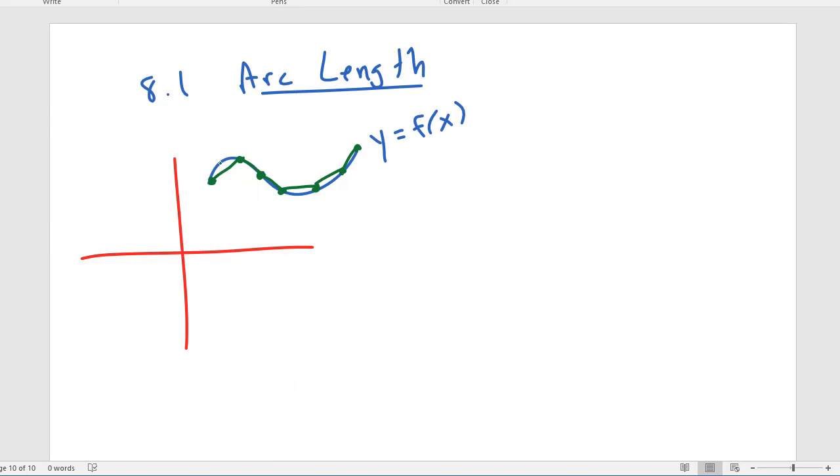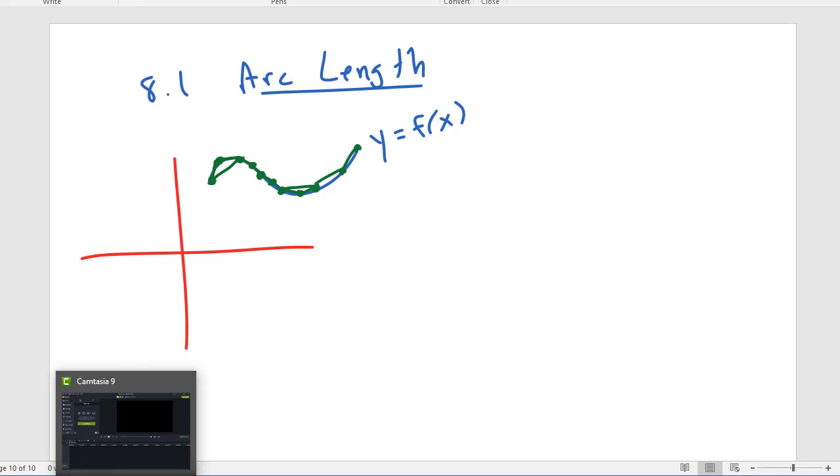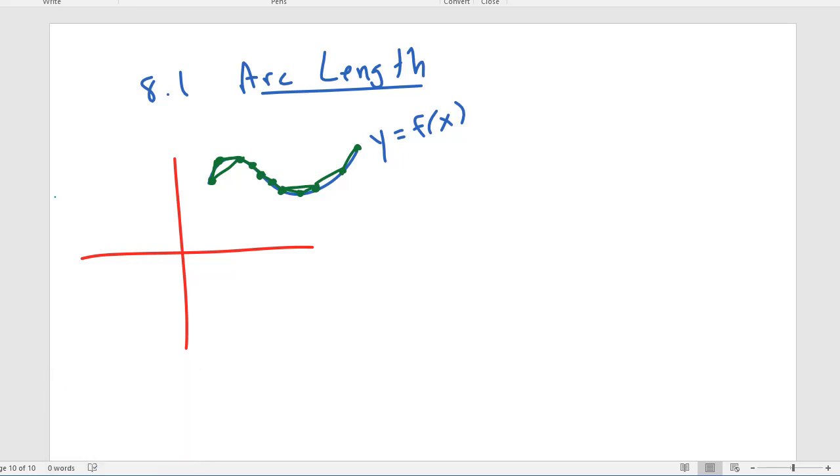So for example, if I squeeze a line segment in here, that's a better approximation. Let's say I put twice as many line segments, and so on and so forth. So again, there's that limit process. We're going to look at 6 line segments, 10, 20, 50, 100.